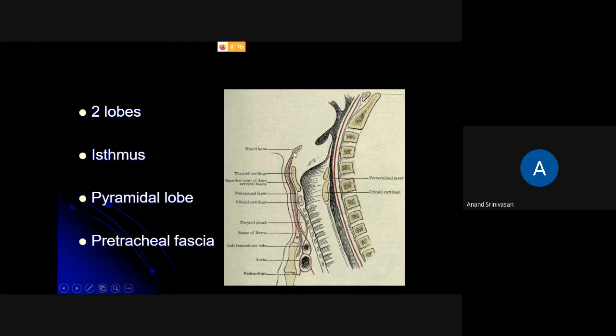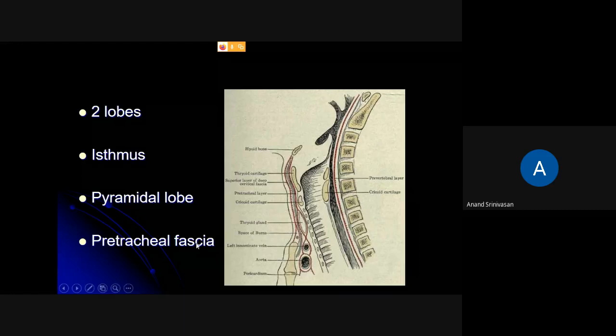This line is actually a fascia, called the pretracheal fascia. Why is it called pretracheal? Because it is present in front of the trachea. Pretracheal fascia encloses the thyroid gland.